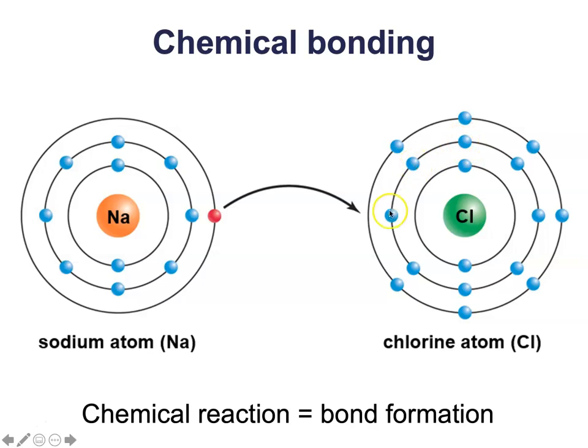We have 1, 2, 3, 4, 5, 6, 7, 8 electrons in the next energy shell. That means we have how many electrons remaining? We started with 17. We put 2 in the first shell, 8 in the second shell, which means we have 7 electrons in our outermost shell, or our valence shell. 1, 2, 3, 4, 5, 6, 7 electrons in our outermost shell.